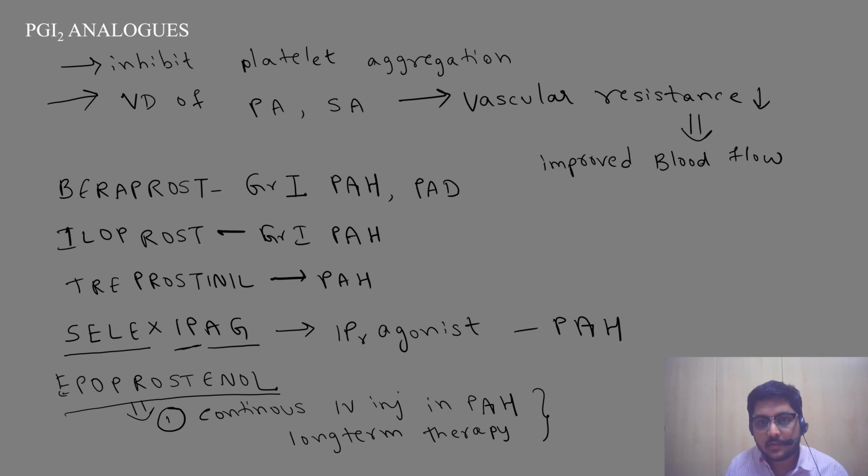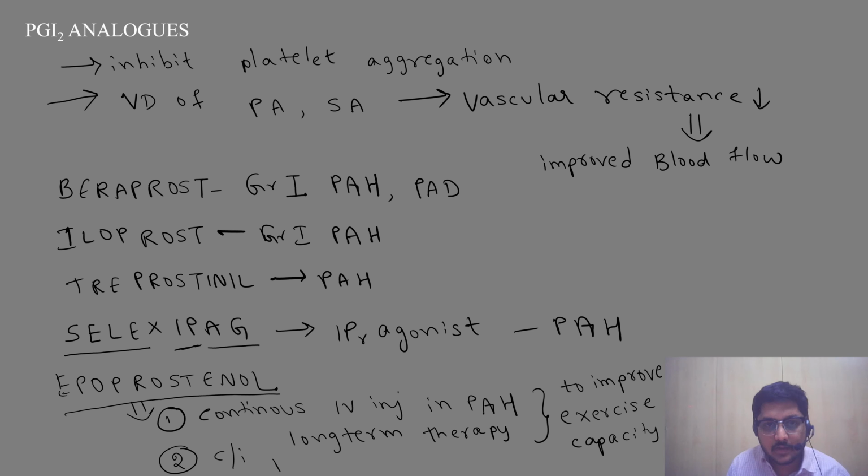What is the purpose of this? To improve exercise capacity. Usually in pulmonary artery hypertension, our initial target is to improve the exercise capacity in a patient. Point number 2. This drug is contraindicated in pulmonary edema or if the patient has congestive heart failure. Agreed?